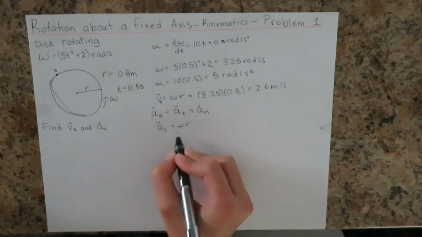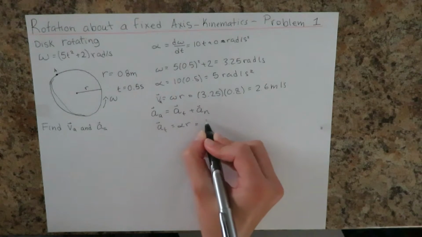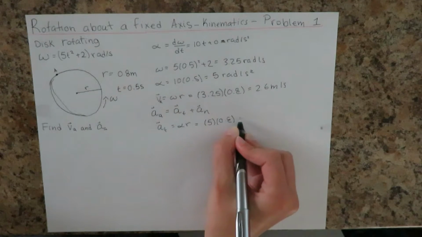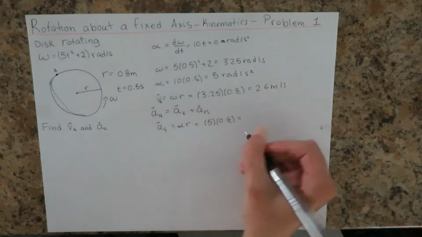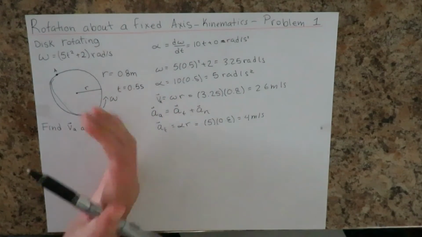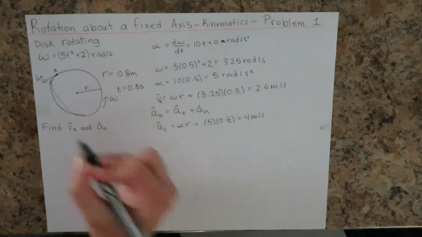So it's equal to the angular acceleration times your radius. So in this case, it would be equal to 5 times 0.8. And that gives us a tangential acceleration of 4 meters per second squared. So assuming this is rotating this way, your tangential acceleration is going to look like that.